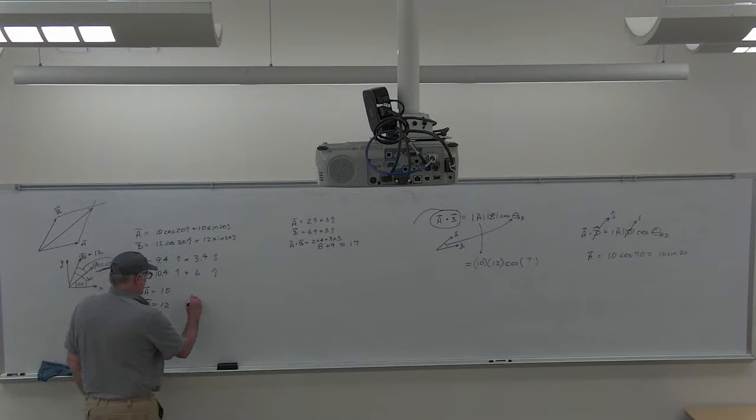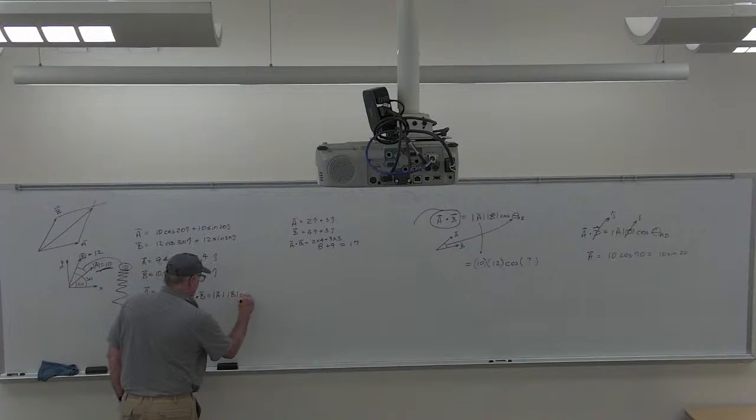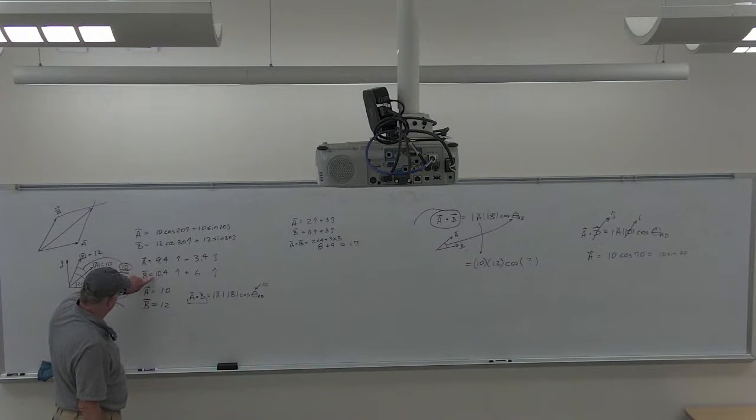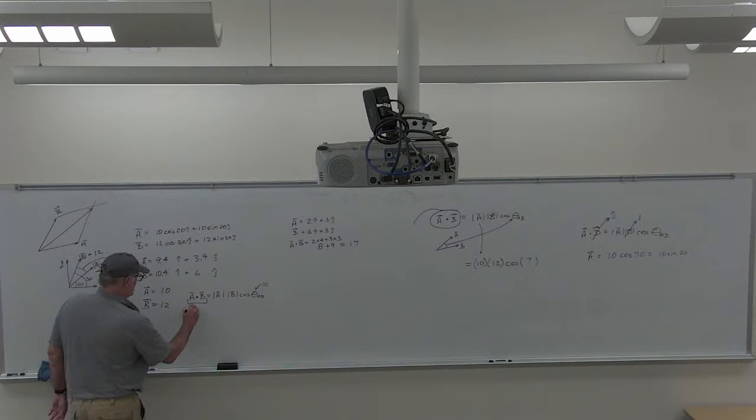So now, a dot b is equal to magnitude of a, magnitude of b, cosine of the angle between a and b. Now I know that's 10, but I'm gonna verify. What's the dot product here? That times that, plus this times that. Does it make sense what I'm doing? So, I'll just write it down.